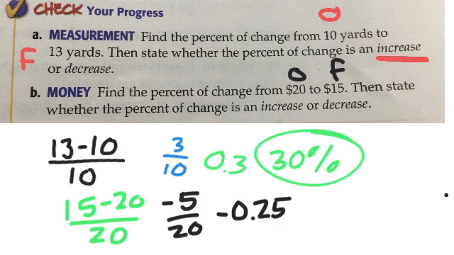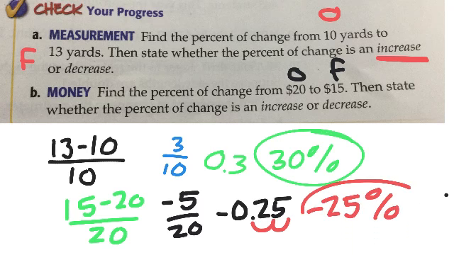So make sure you're careful. Remember, when you plug these into your calculator, it's always the number up top divided by the number on bottom. It's not always the bigger number divided by the smaller number. It's the numerator divided by the denominator. Now, negative 0.25, we make that into a percent. So 2 places to the right, that's going to give me negative 25%.